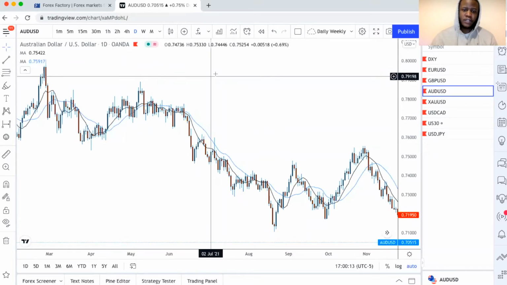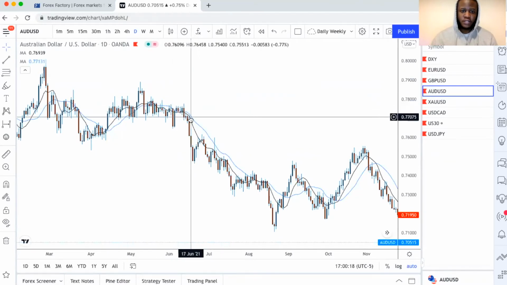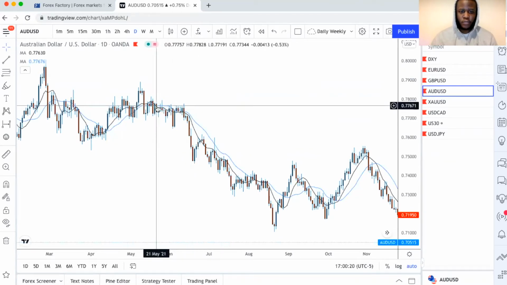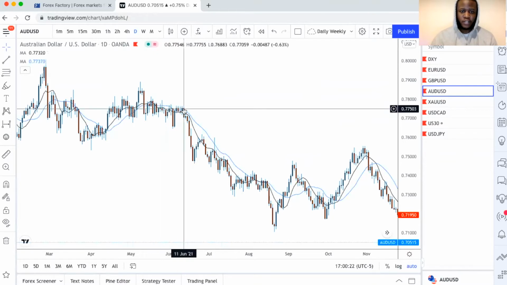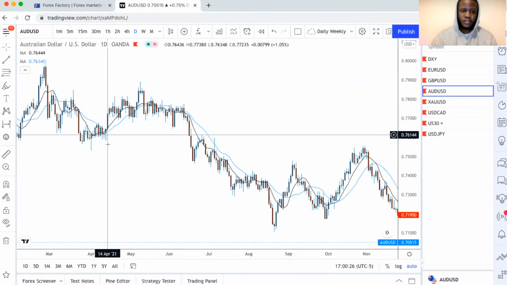And in a downtrend, you want to see the black cross to the downside with the blue moving average above it. So when it's an uptrend, the black moving average, the 9 moving average, is up.